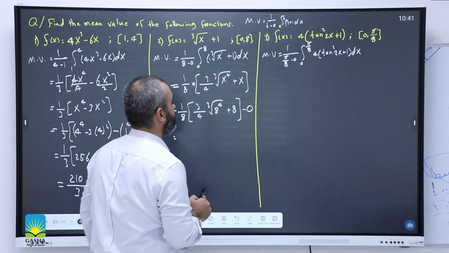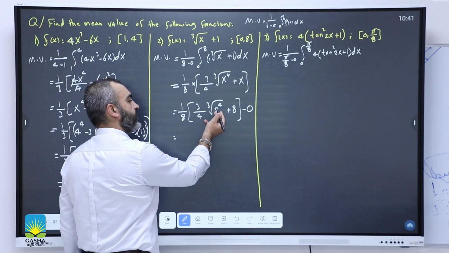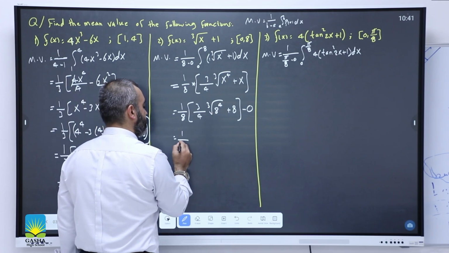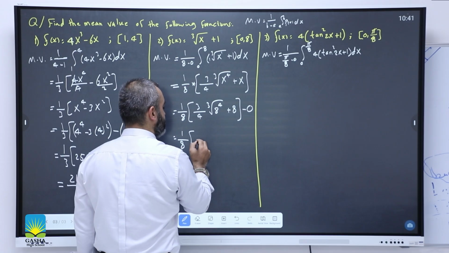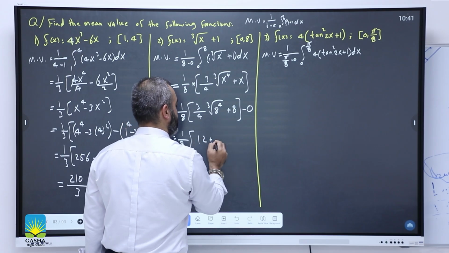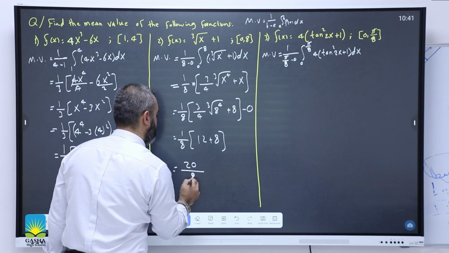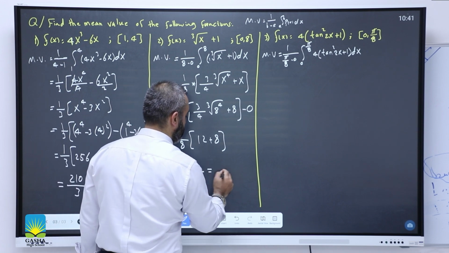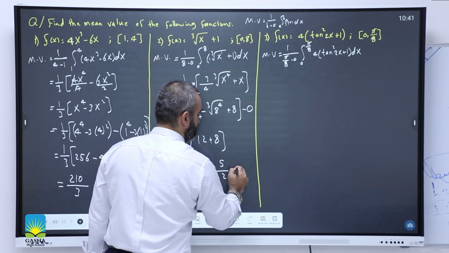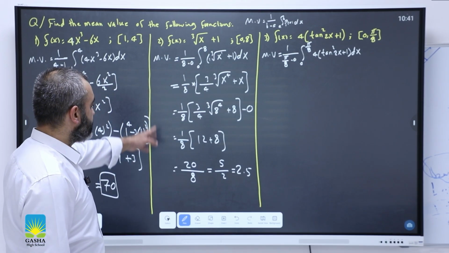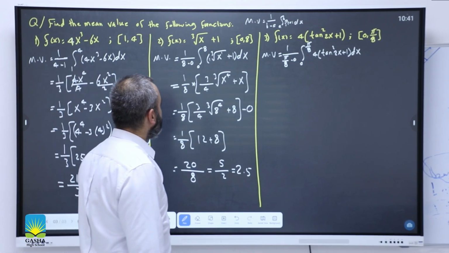It's 2 to power 4, it's 16. 16 simplified about 4, so it is 12 plus 8 equal to 20 divided by 8 equal to 5 over 2 or 2.5. So this is the result of mean value.